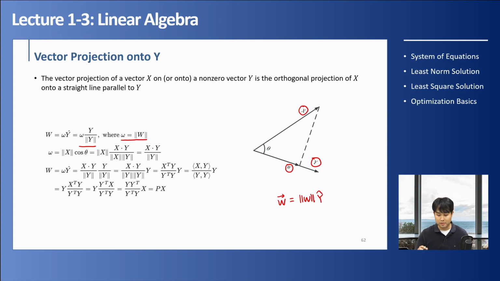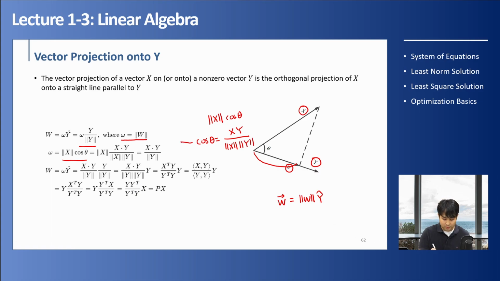Now from trigonometry, we can compute the length of this vector by multiplying the norm of x with cosine theta. So here's our first term. And from our previous lecture, we already know that cosine theta corresponds to the inner product over the norm of each vector.